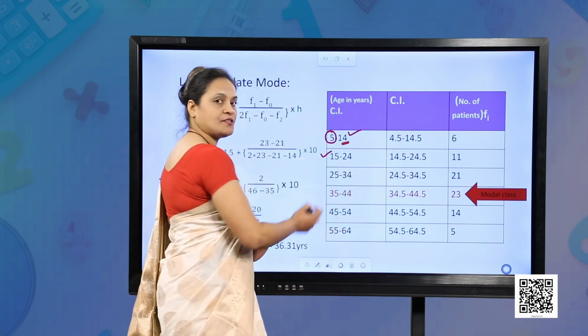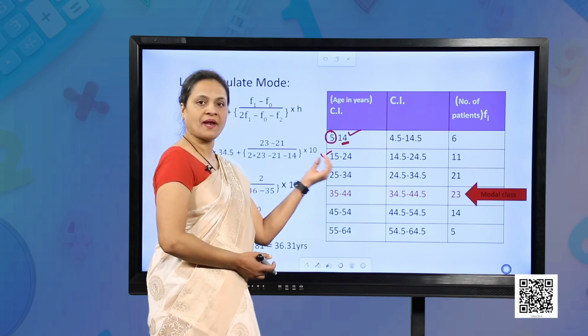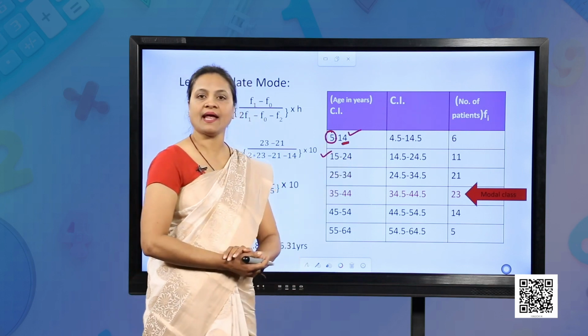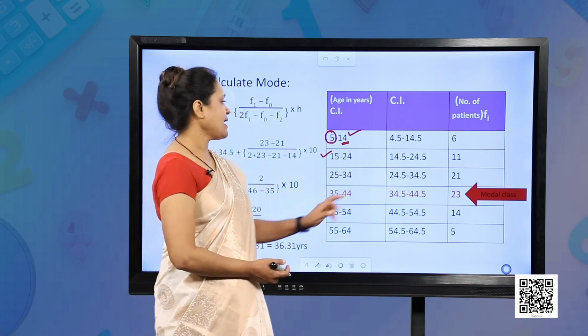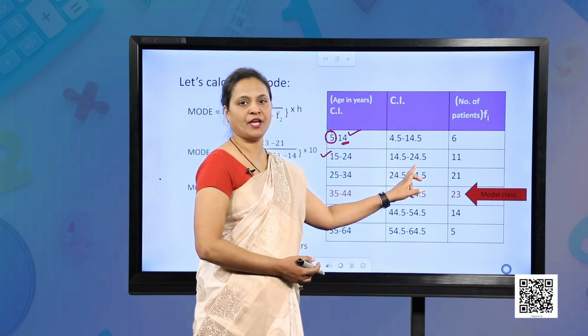For the second class interval, again I am going to do the same. 0.5 will be subtracted from the lower class limit and 0.5 will be added to the upper class limit, getting the class interval as 14.5 to 24.5.